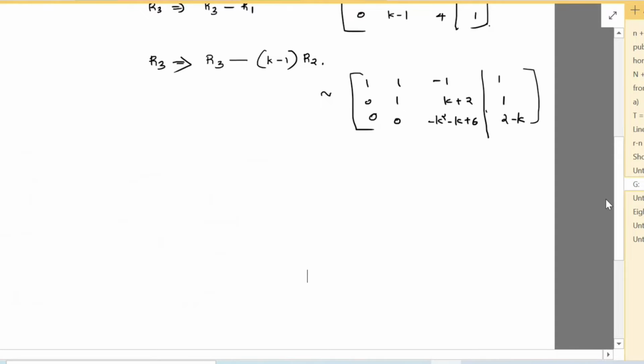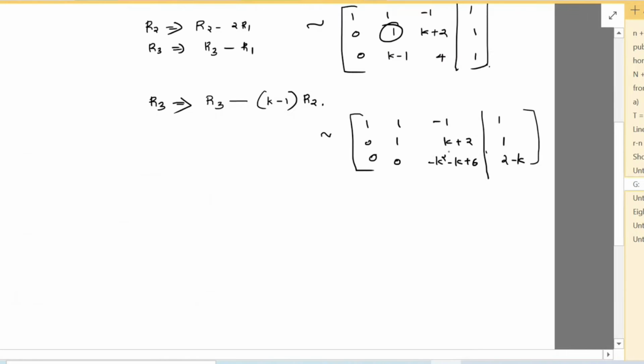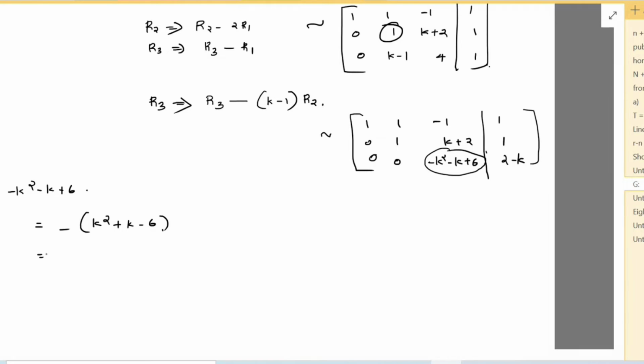Now what is this minus k square minus k plus 6? This can be factorized. It can be written as minus of (k square plus k minus 6). How can we factorize it? What are the factors of k square plus k minus 6?